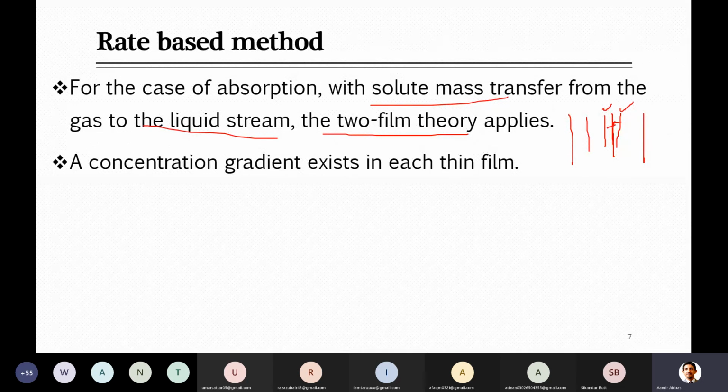When there is a concentration gradient, mass transfer takes place. For any component which we want to transfer to the liquid side, its concentration will be low on the liquid side, so from the bulk gas concentration that species will move towards this area.